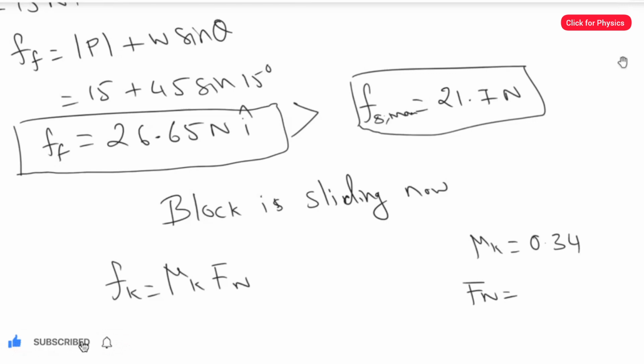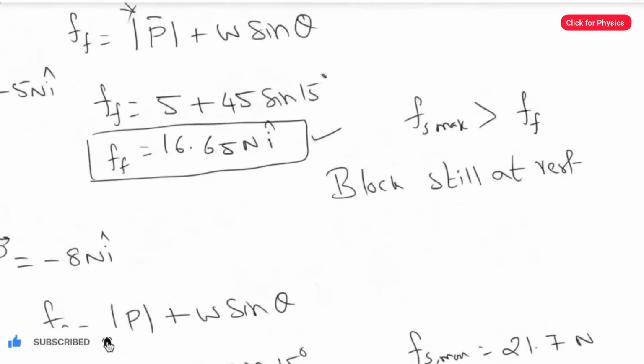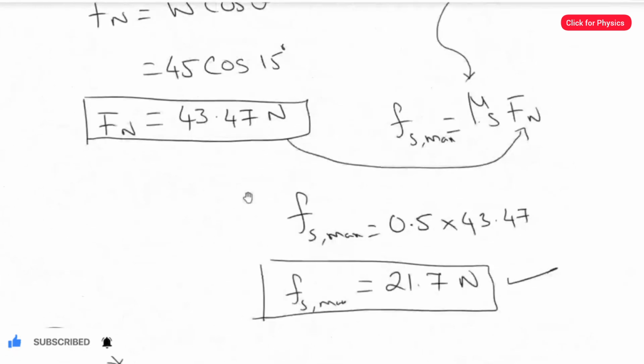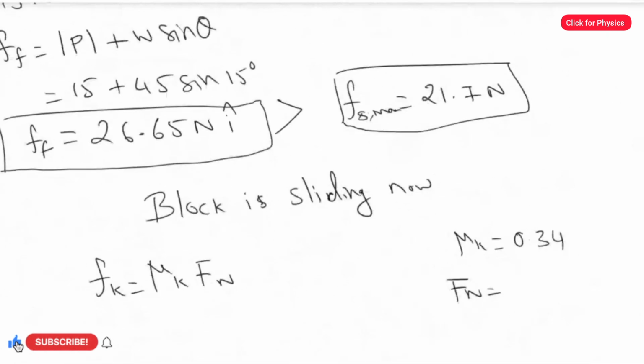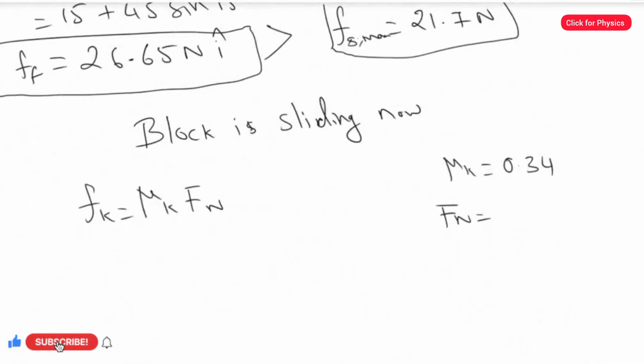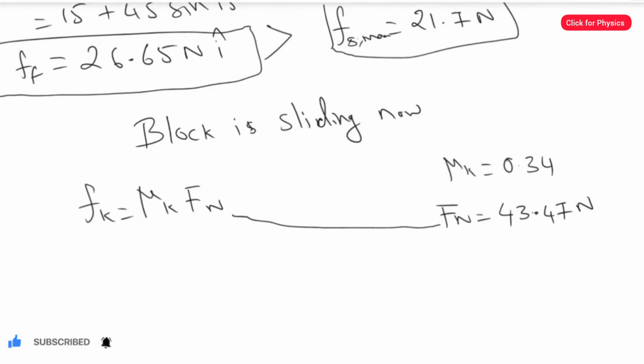So we have to go back to the first part. We already found the answer, right? The value of Fn is 43.47 Newton. Now I have to substitute the value of Fn and the value of mu k here.